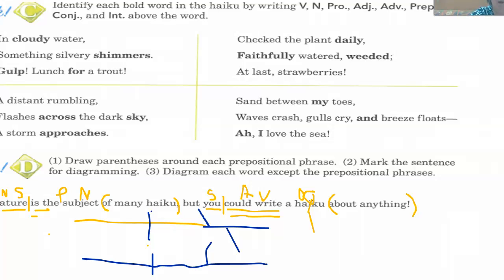Now, the one thing remaining to do is what do we do with the conjunction? What do we do with that word? What we do with it is we connect it by a dotted or slash line and then a straight across line and then again dotted or slash lines.